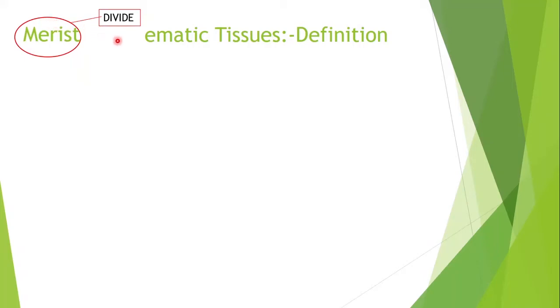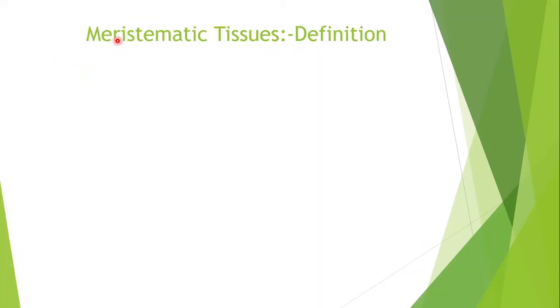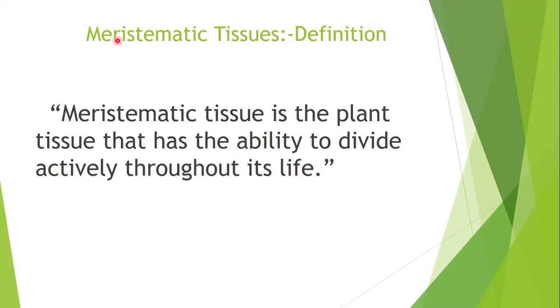Now let us see what meristematic tissue actually is. Meristematic tissue is the plant tissue that has the ability to divide actively throughout its life. This is the proper definition of meristematic tissue.